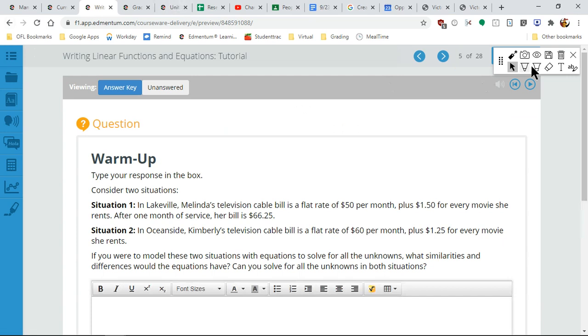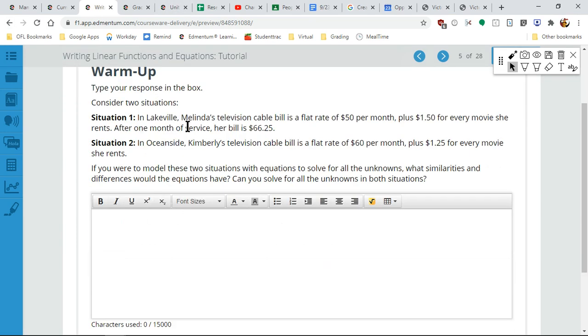So, forms of functions. Situation one: Melinda's television cable bill is $50 a month, so this is how much she always pays. Let's keep it all in y equals mx plus b, so our formula is y equals mx plus b, and that's our b.